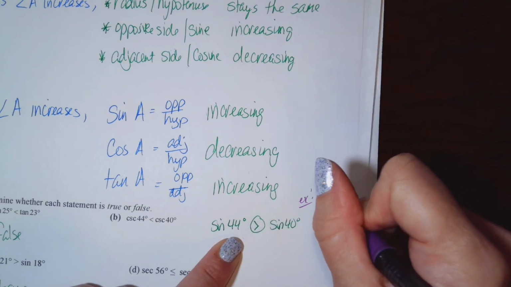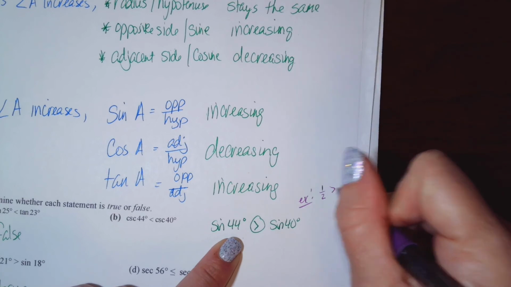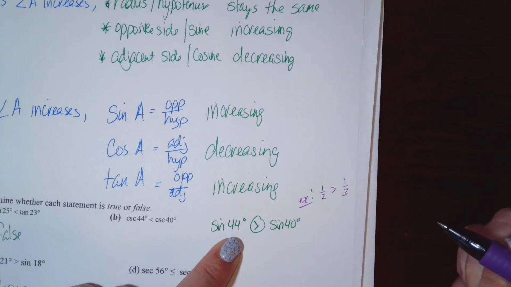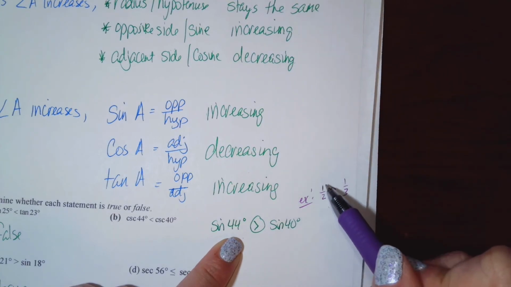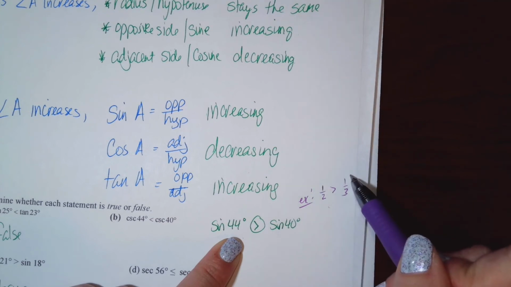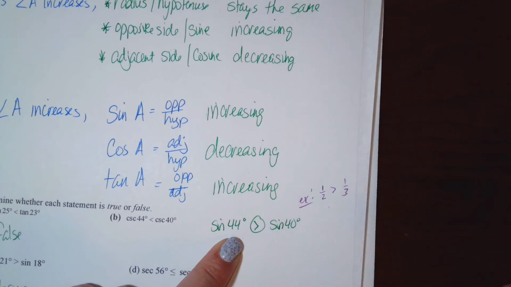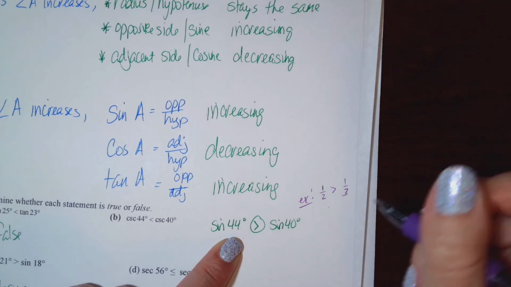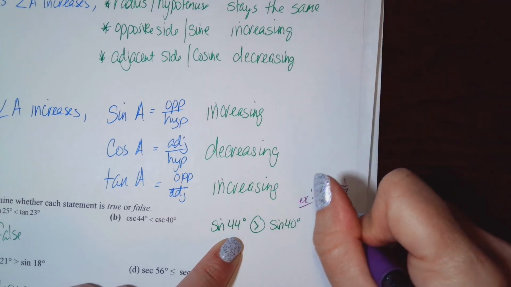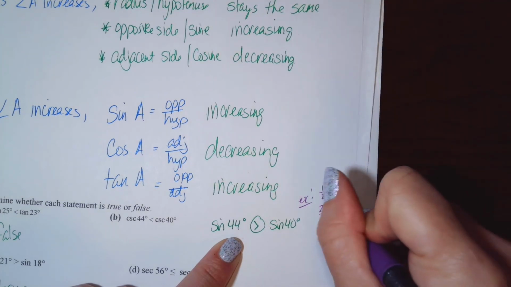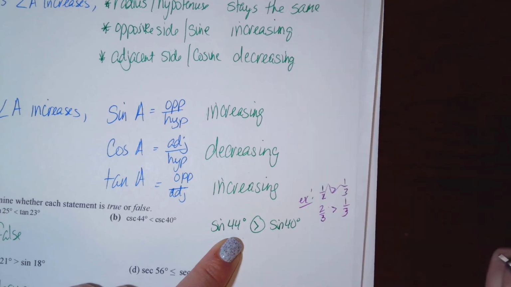Well, 1/2 is greater than 1/3, right? 1 out of 2 is a bigger piece of pizza than 1 out of 3. If that bothers you, if you want the same denominator, let's say that 2/3 is greater than 1/3.